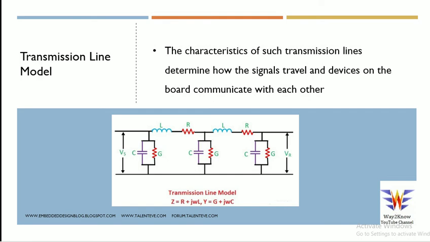So these transmission line effects are to be simulated and then determined what design aspects need to be covered in the high-speed design. So that's the crux of the high-speed designs.